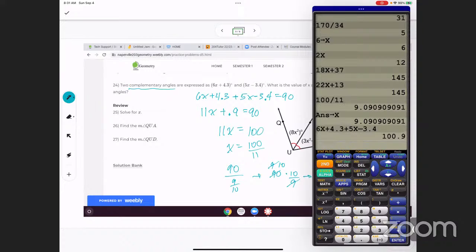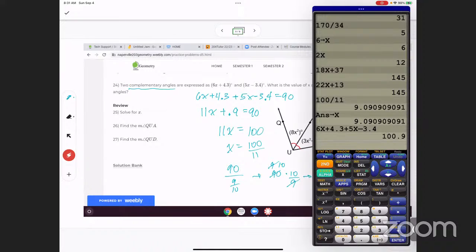And I didn't, which means something's not right. I plugged this in to check my answer, and I didn't get 90 as my answer. So something I did is not correct.